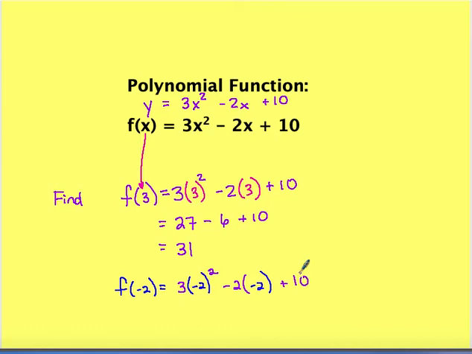So again, I would do the math simply. Negative 2 to the second power would give me a positive 4 times 3 is 12. Negative 2 times negative 2 is a positive 4 plus 10. So I end up with 12 plus 4 is 16 plus 10 is 26. So you can see how simple it is to input into our function notation.